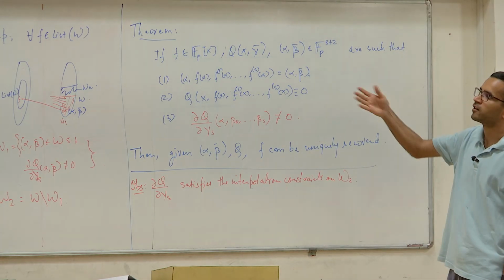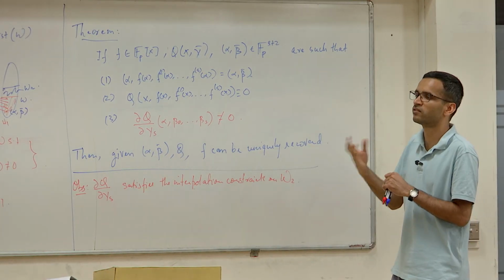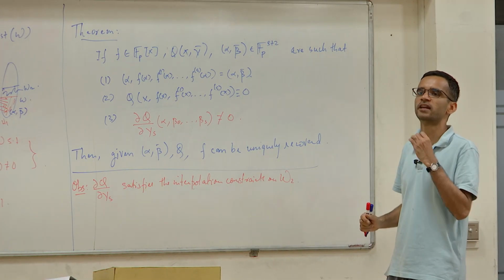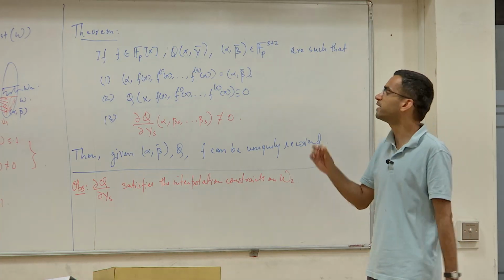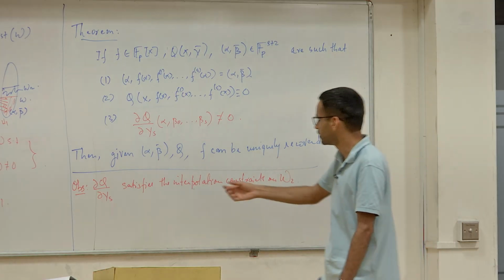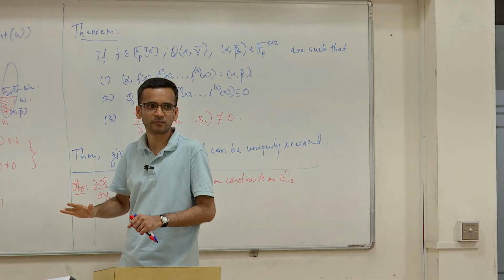Okay, so in the interpolation step, when we found ourselves a polynomial Q, instead of just taking any non-zero polynomial Q, let's find the minimal degree non-zero polynomial Q that satisfies the properties we wanted. If we had taken Q to be minimal, then this would immediately tell us that the set W1 is non-empty.